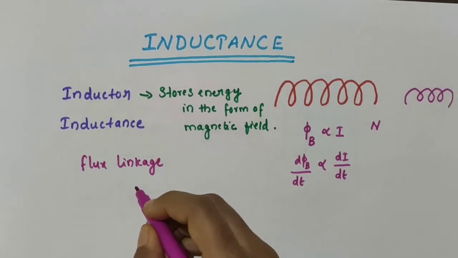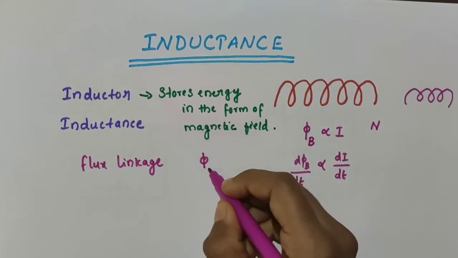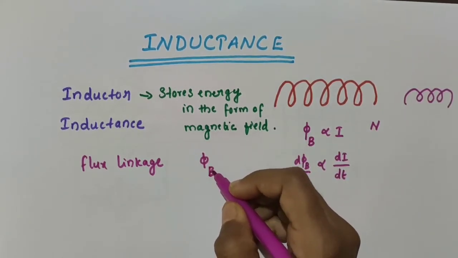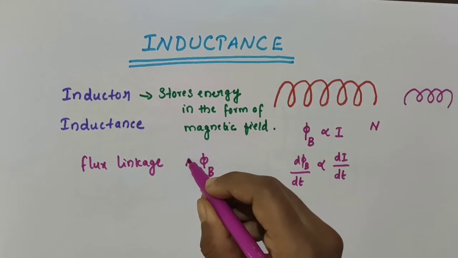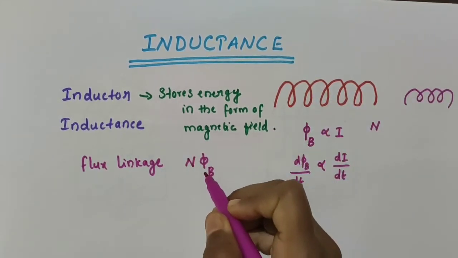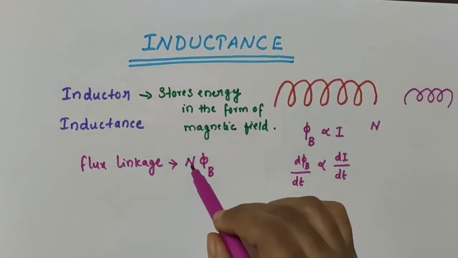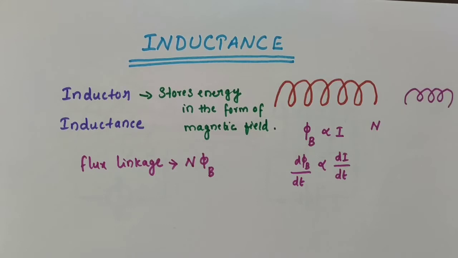That is phi b multiplied by the number of turns. If there are capital N turns in this coil, then N phi b is the flux linkage. So flux linkage is equal to N phi b.